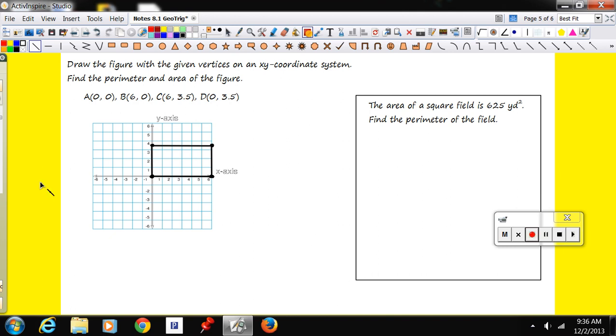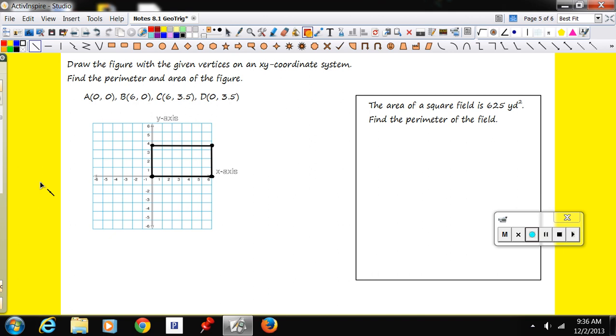And you would have a rectangle. You need to find the perimeter and area.